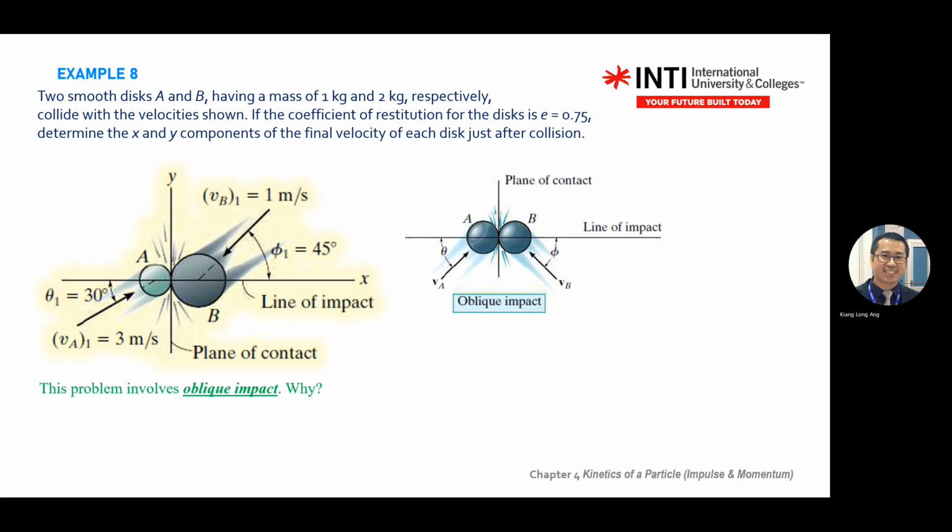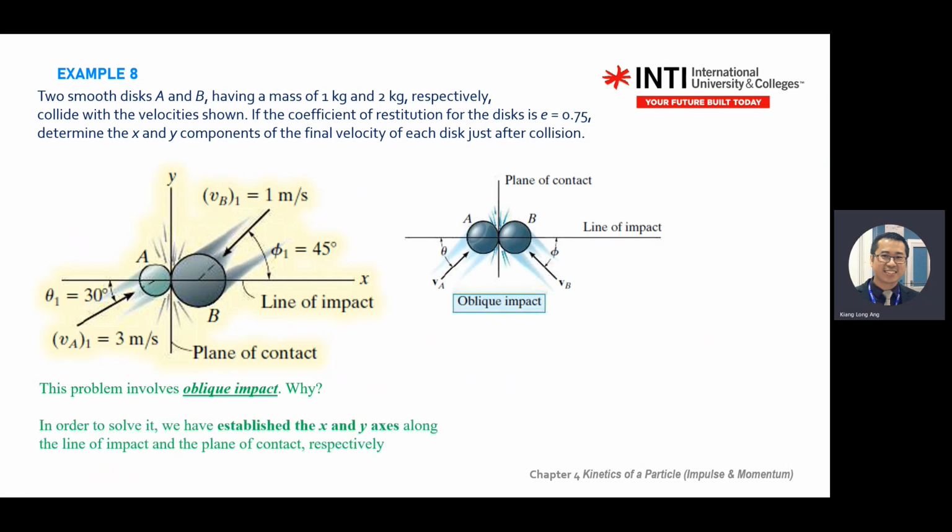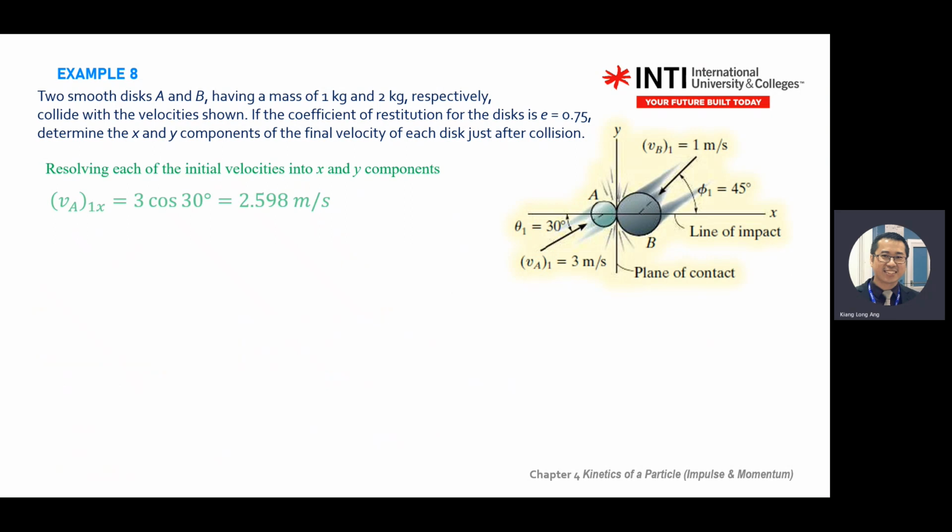Okay. So this is oblique impact. So resolve the diagram into x and y. All the vectors that you see in the diagram, convert into x and y directions. In this case, you have vector VA1 and vector VB1. Vector A, you split. Everyone in the class, you know how to split a vector, right? This is VA, split into XY.